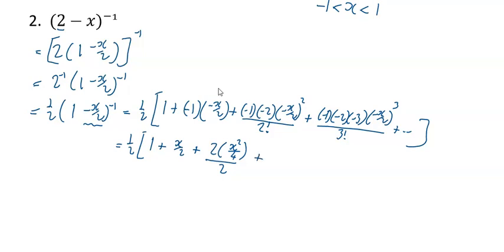And next one, let's just sort out the minuses first of all. You have a minus thing cubed, which would give you a minus, and times a minus will give you plus, times a minus will give you minus, times a minus will give you plus. So it is going to be a plus here. So we're just going to do the minus 1 times minus 2 times minus 3, which is going to give you minus 6. And then inside this bracket, it's going to be minus x cubed.